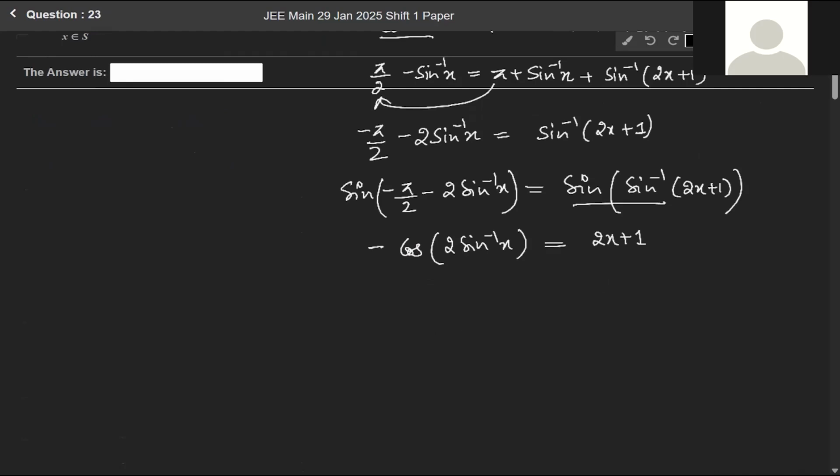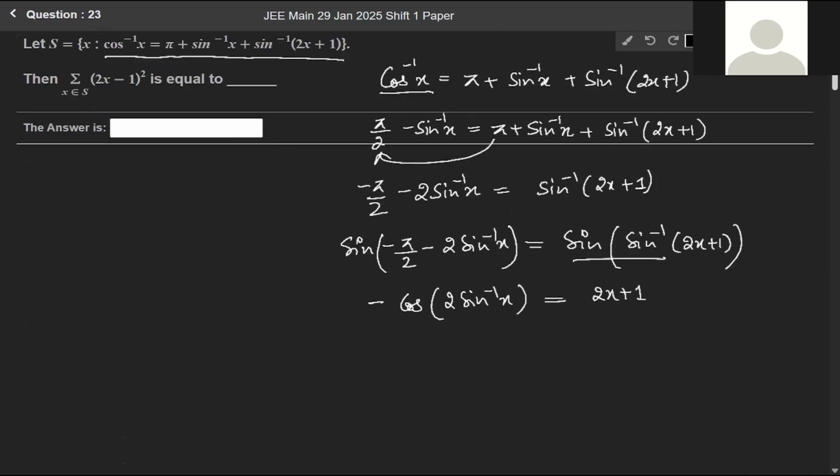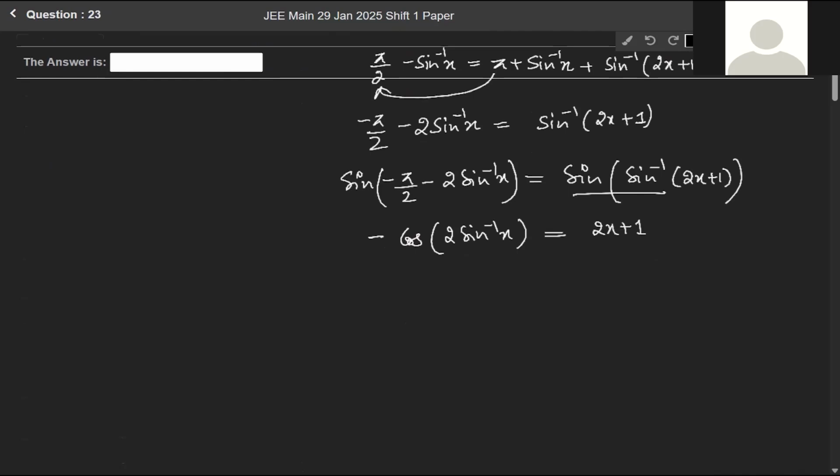Now, minus cos 2 sine inverse x. Since it is 2 sine inverse x, the cos formula applies here, so it will be minus of 1 minus 2x square, and it will be 2x plus 1. So it will be minus of 1 plus 2x square equal to 2x plus 1.